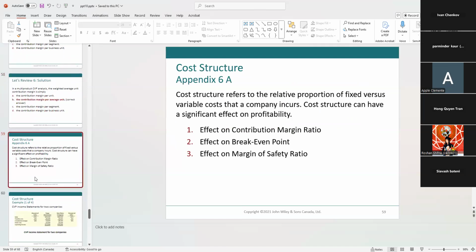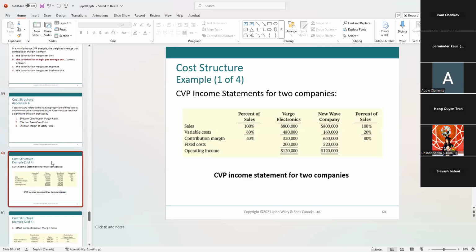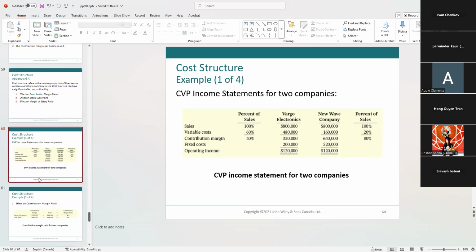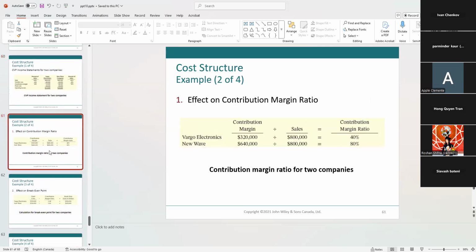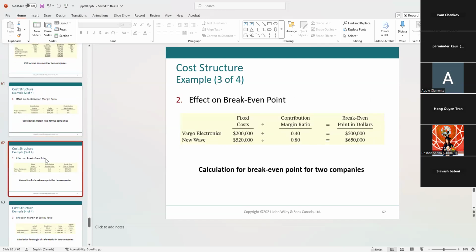Now the cost structure, I think I explained to you last time, is what will be the effect on the contribution margin ratio, the effect on the break-even point and the margin of safety. The cost structure is the combination between variable cost and fixed cost in the company, meaning which company relies more on the variable cost and which company relies more on the fixed cost.